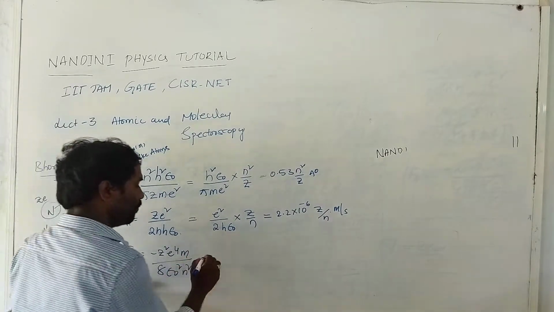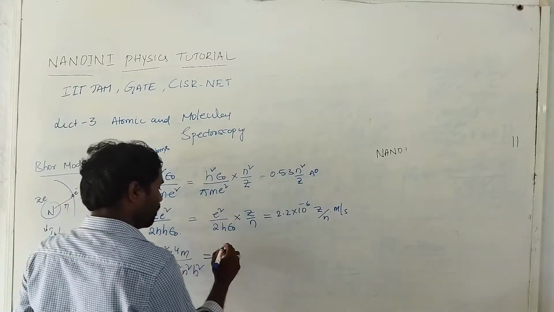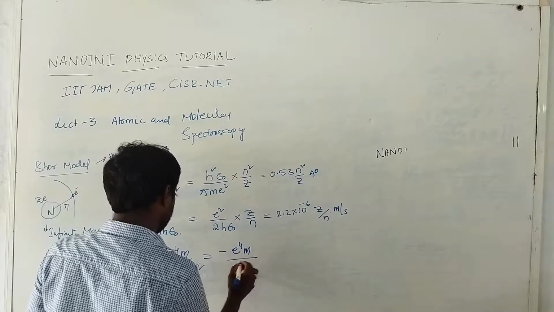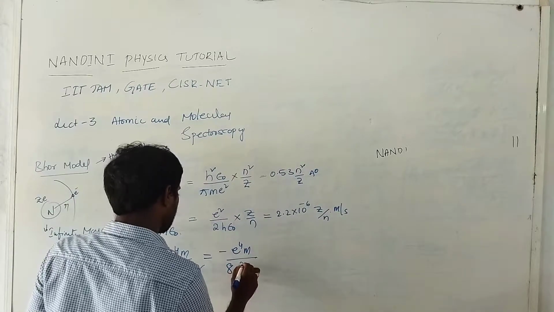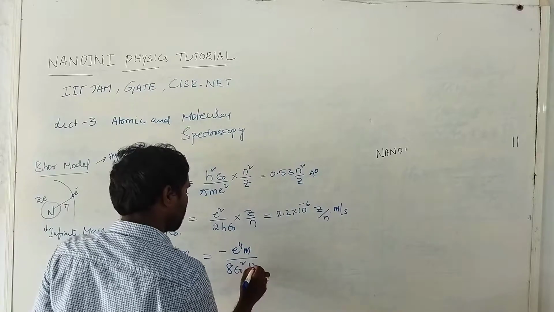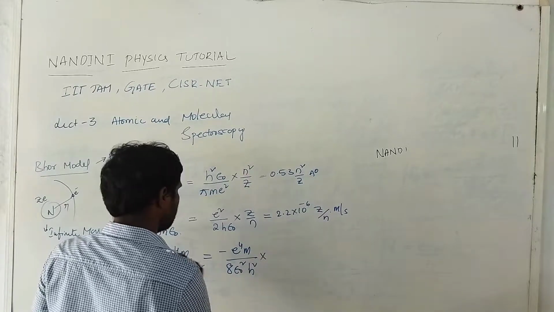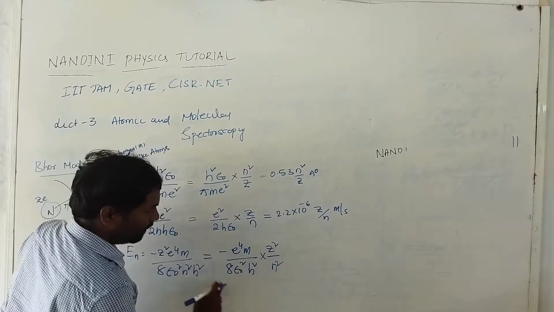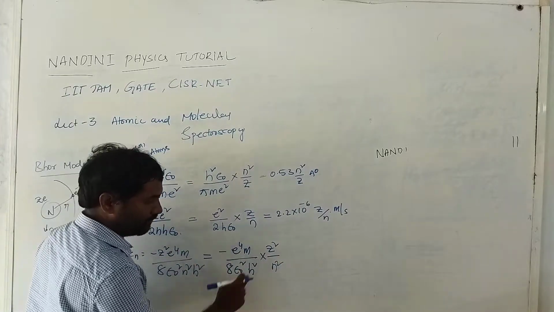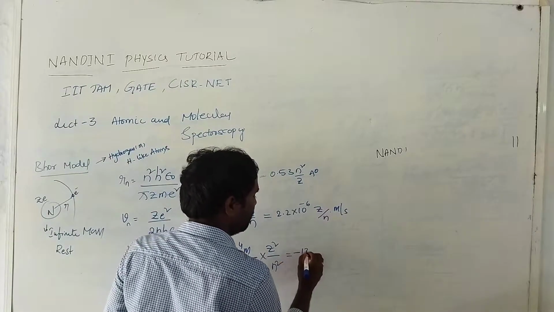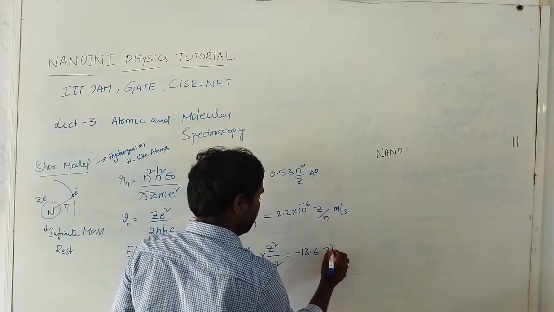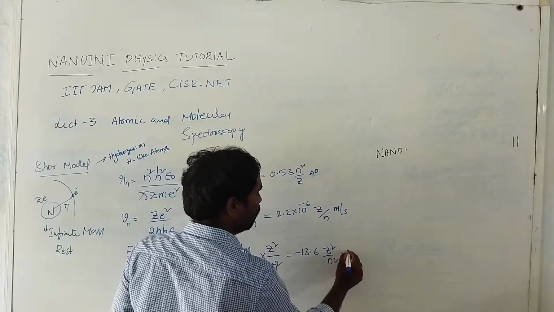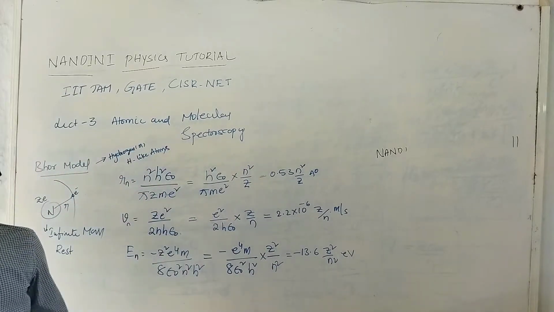Once again, you rewrite this equation: minus e power 4 into m divided by 8 epsilon naught square h square into z square by n square. If you substitute appropriate values, you will get minus 13.6 z square divided by n square. This is nothing but the energy, in electron volts.